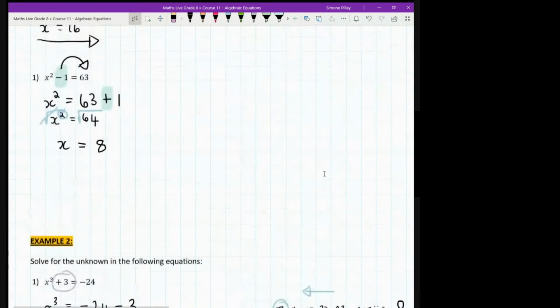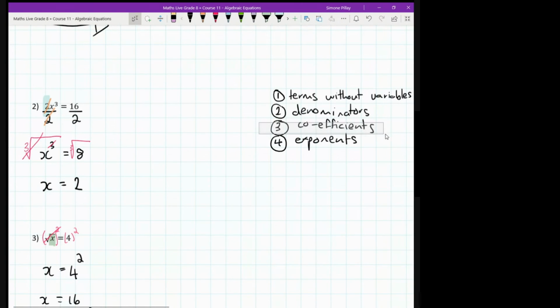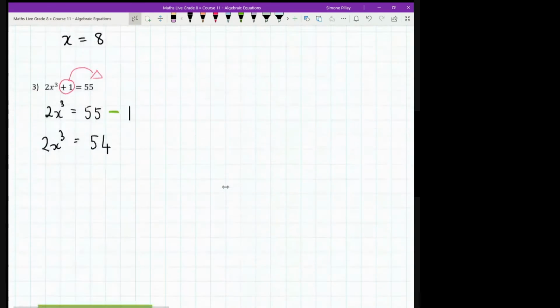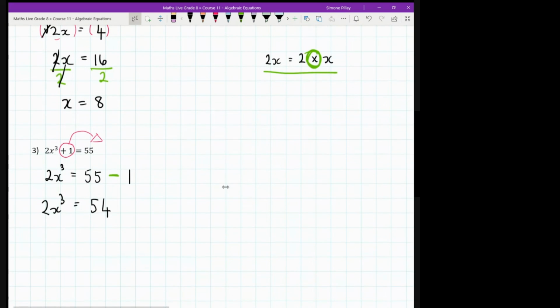But look, guys, if we have a look, coefficients first, exponents last. So I'm going to go back here. I want to remove my coefficient. So just like Umar said, we're going to divide by 2. Why am I dividing by 2? My x over here is being multiplied by 2 because it means 2 times x. So to get rid of that multiplication, I divide by 2. Multiplication and division by 2 cancel.